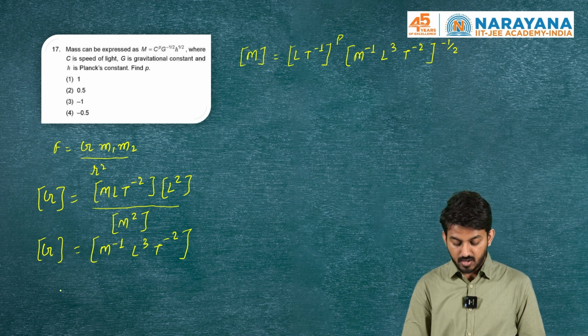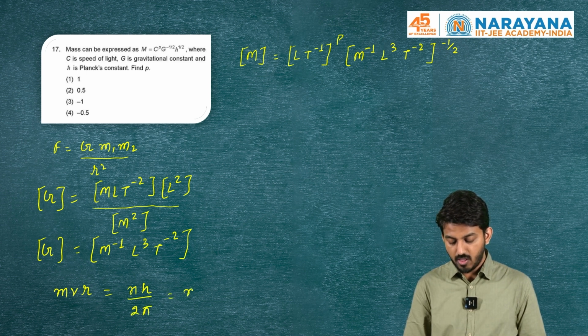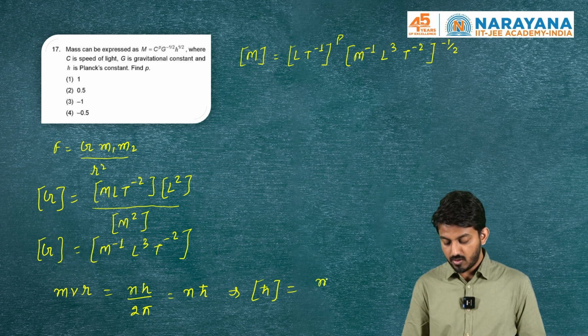Now h bar here. From Bohr's quantization principle, we know that mvr is equal to nh over 2 pi, or n h bar here. Now dimensionally, if you look at it, h bar is equal to mvr, and n is just a numerical.